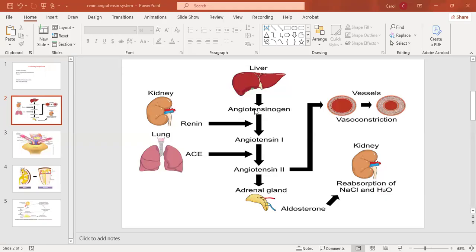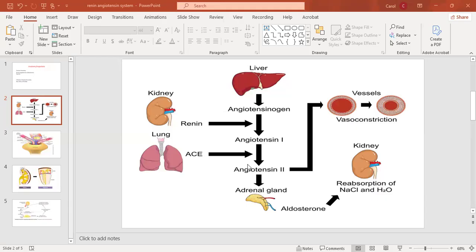Angiotensinogen will be converted to angiotensin 1. Once angiotensinogen is converted to angiotensin 1 by this angiotensinogenase, it is going to be circulating in the bloodstream, and it is going to meet up with angiotensin converting enzyme.